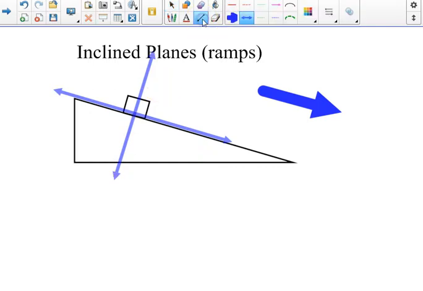Now the weird part of this is what it does to the weight. The weight will now be a vector that, while it points straight down, in my new coordinate system doesn't point straight down along the negative y. So it's at an angle. That's a little weird. So mg turns out to be sitting out here. Let's use this. Do I have pink? Kinda.